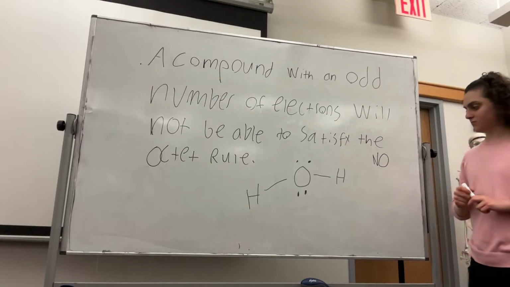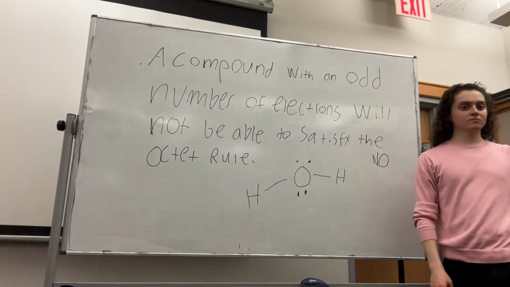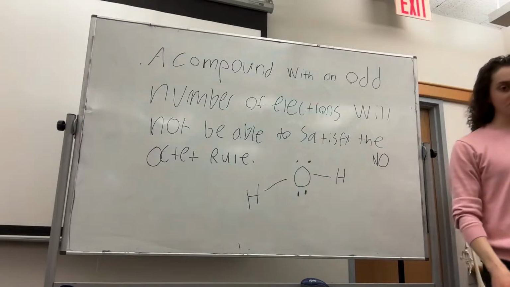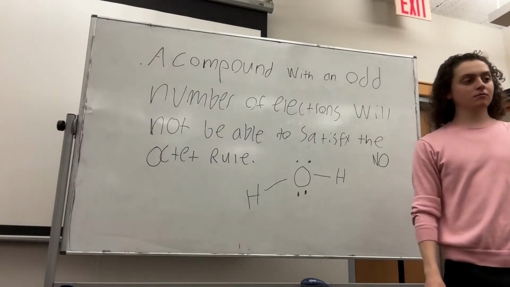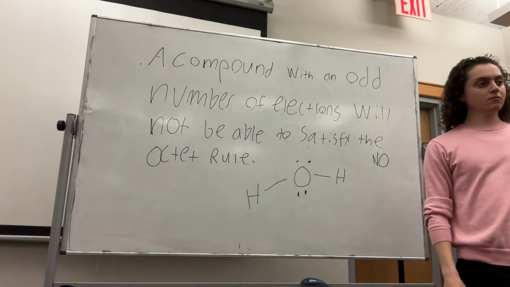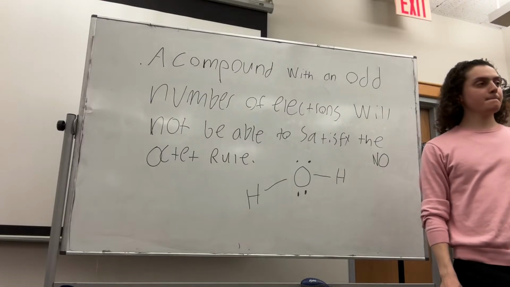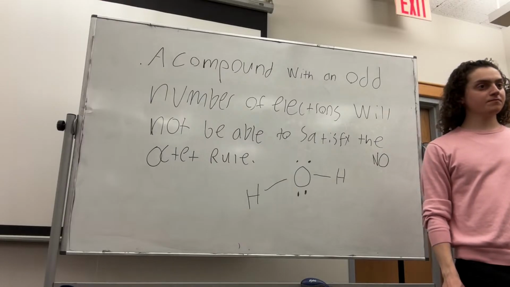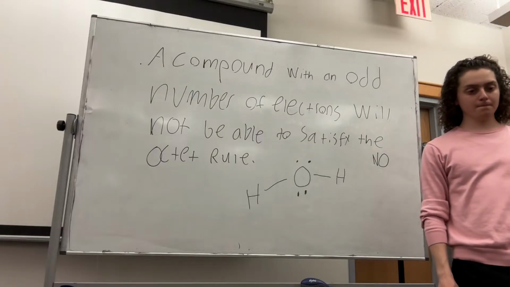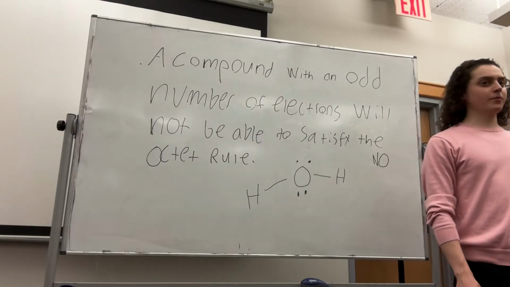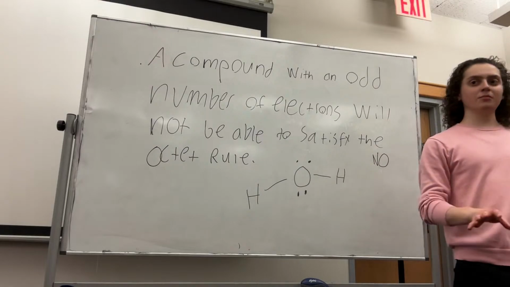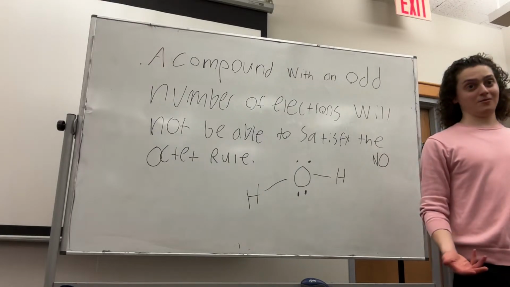Let's say there were 3 electrons that were connected to anything, like to H. Then that would not be abiding by the octet rule. Yeah, exactly. That's a good way to think about it. We have a number that isn't 8 surrounding an atom.